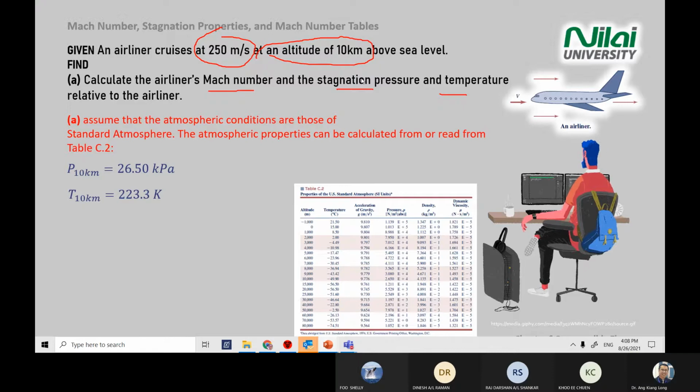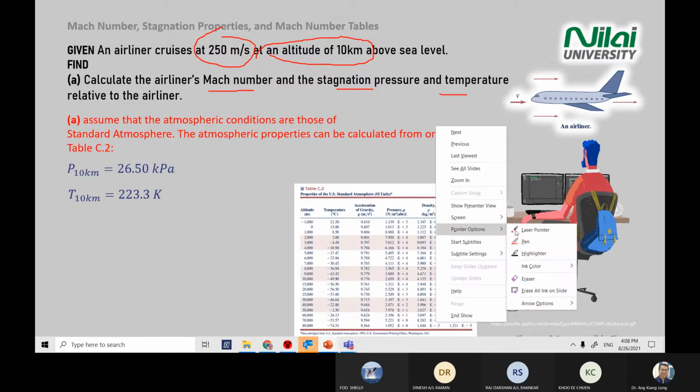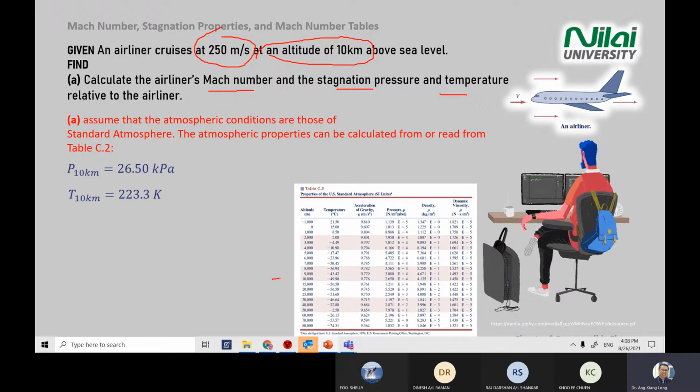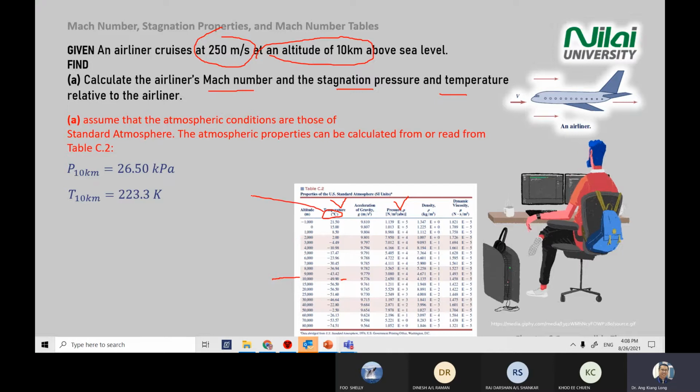The temperature is this column, pressure in this column. However, the temperature is in Celsius, minus 49.9. You need to convert to Kelvin.